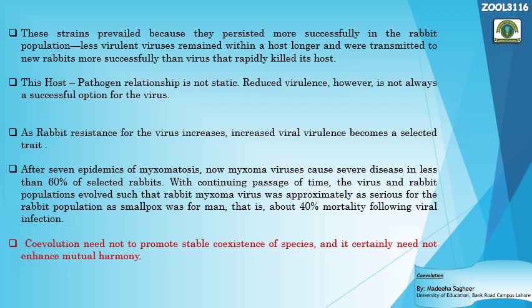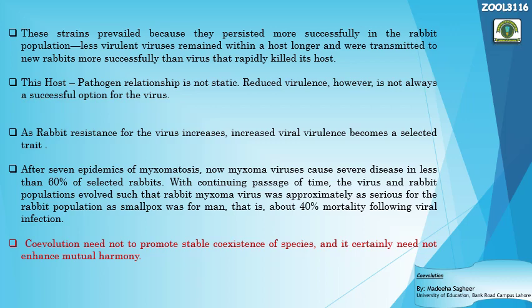The mild strains are never the first priority of the virus population. Viruses always want to become more and more virulent, and their virulence depends on their replication within the host. The more they replicate, the more severe the disease they cause, right?